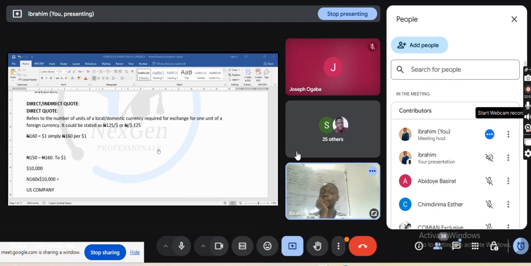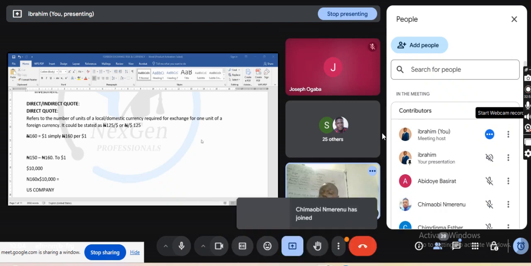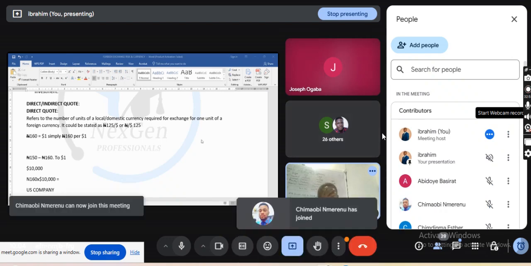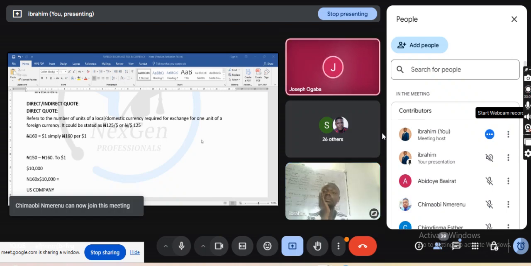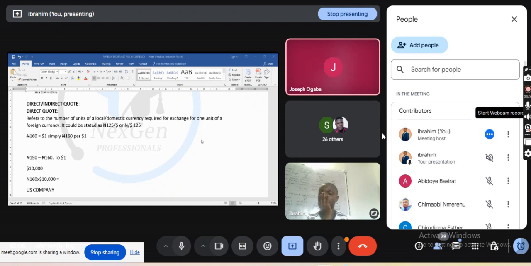Mine is just a summary for the direct quote. When the local currency is required for the foreign currency, let's say you are multiplying dollars by the required naira you need to buy foreign goods, it signifies a direct quote.